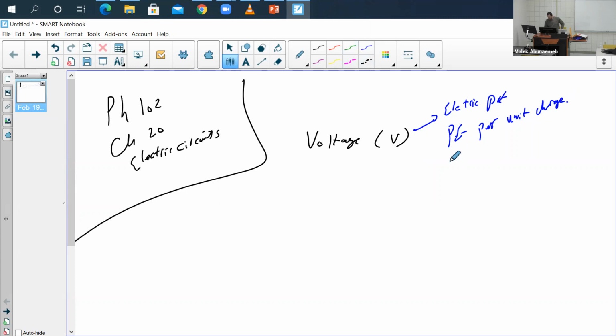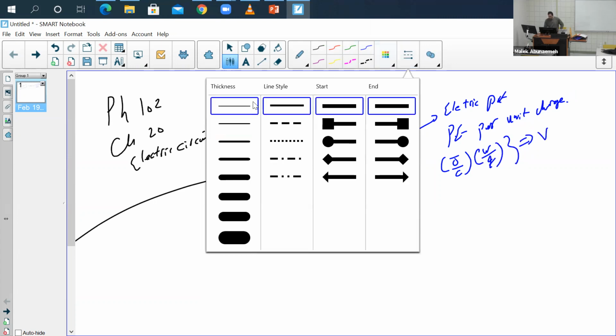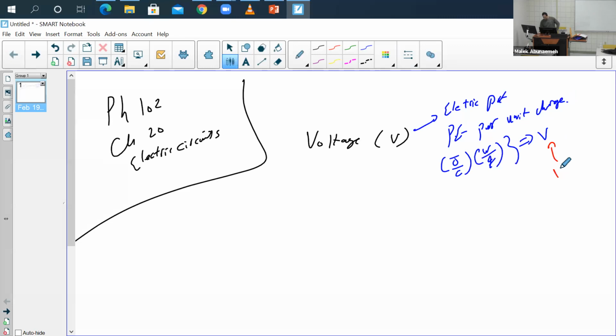We actually saw that before: it's how many joules per coulomb, which is your work over your charge, Q. That's what we give the volt. So this is the unit for volt.